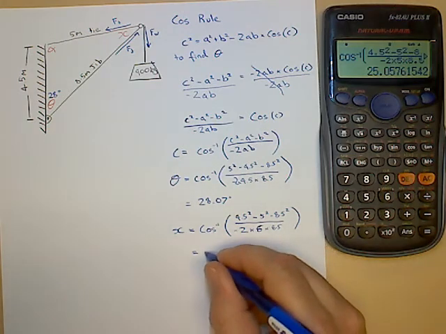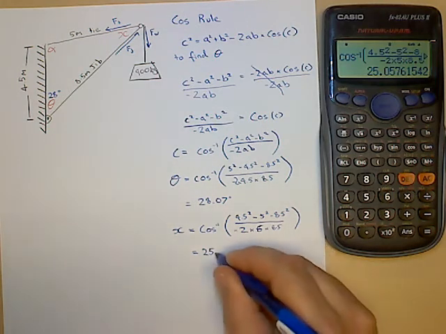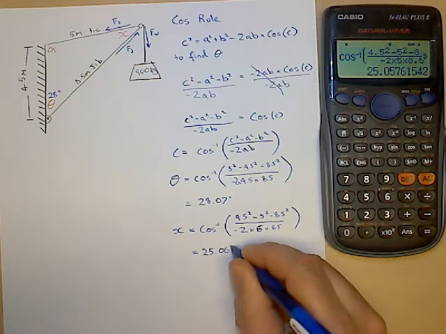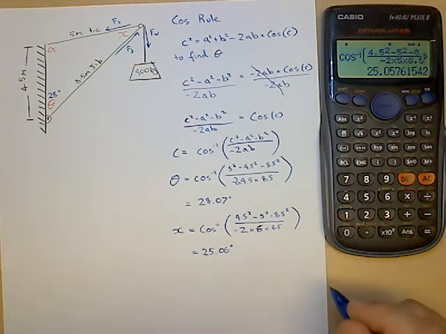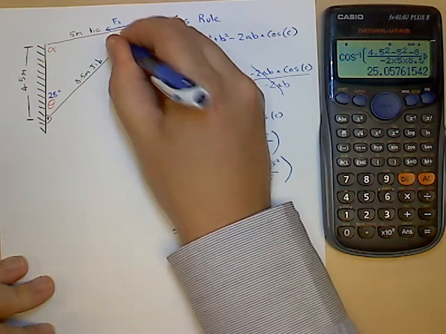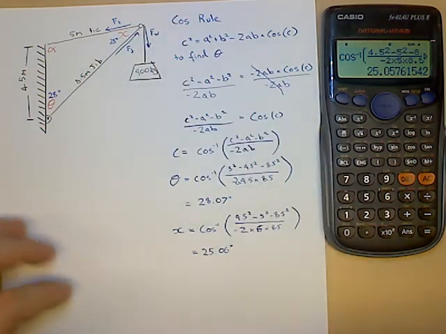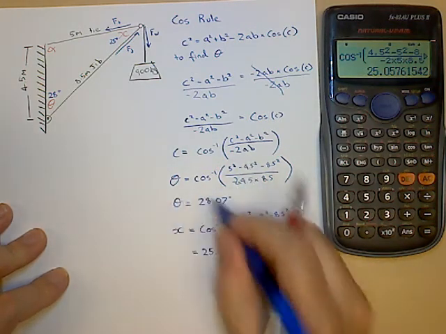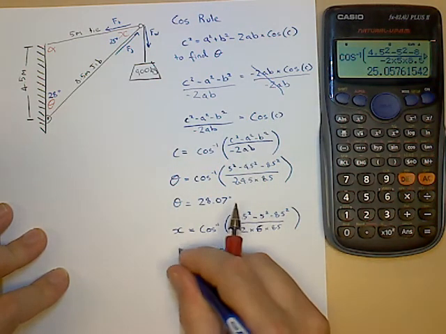So that equals 25.06 degrees, and we're just going to put that as 25 because it's quite close. So 25 degrees. Okay. Let's mark on what we've found now, theta and x.